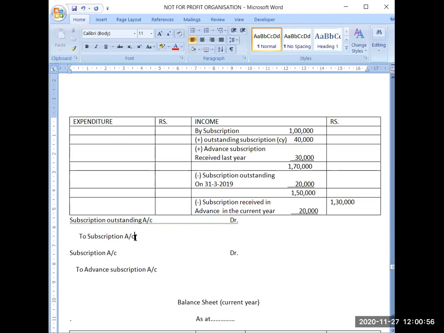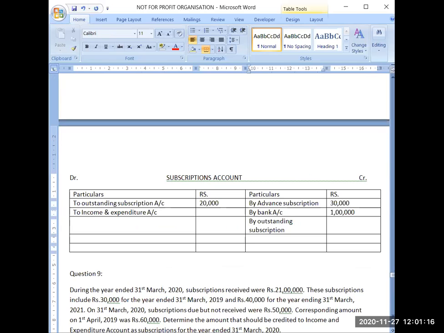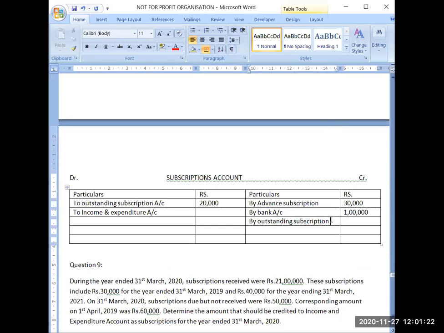So this journal entry with the amount of 40,000 will go to the subscription account here in the credit side by outstanding subscription account.